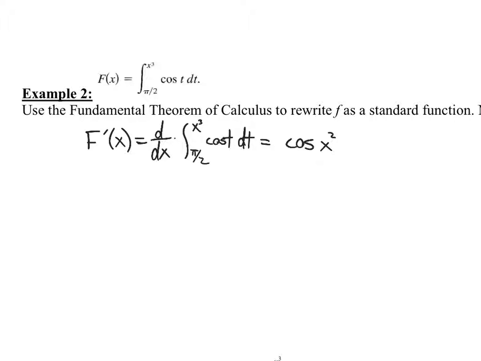So that's what we think based on our second fundamental theorem of calculus. Let's try to confirm this using the same method that we did with the other ones that we started with, okay? Let's actually do the integral from pi over 2 to x cubed of cosine of t dt.